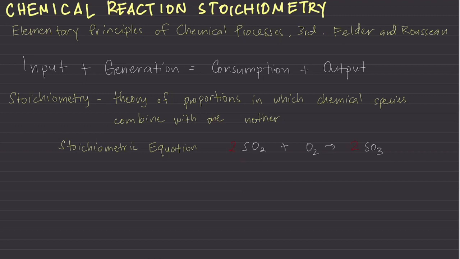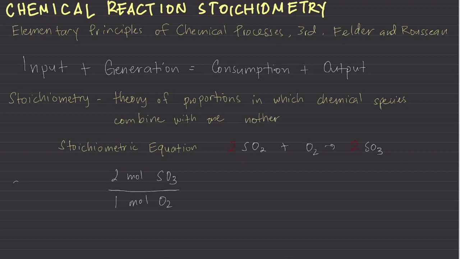And we will use stoichiometric ratio to convert the amount of product that can be produced from raw material. So sticking with this example, 2 moles of SO3 can be produced from 1 mole of O2 based dito sa ating stoichiometric equation.